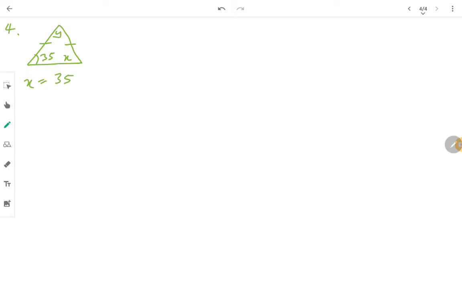These are angles opposite equal sides. Or you can state isosceles triangle. But when it says isosceles triangle, you have to state which sides are equal.